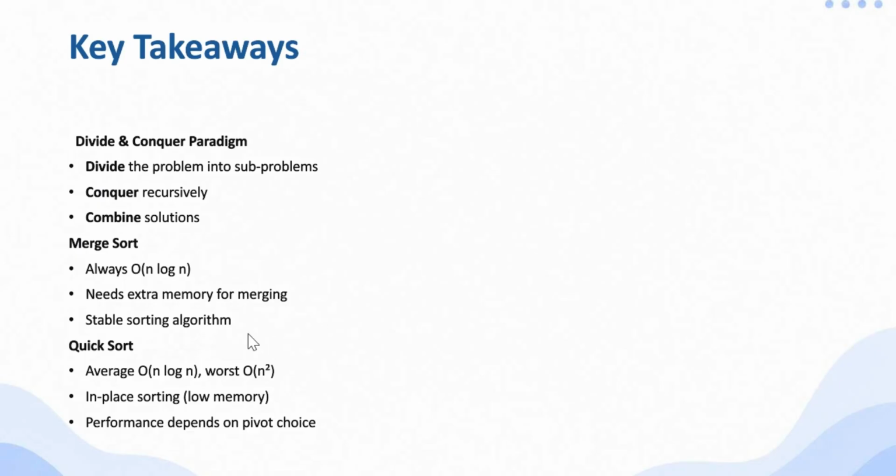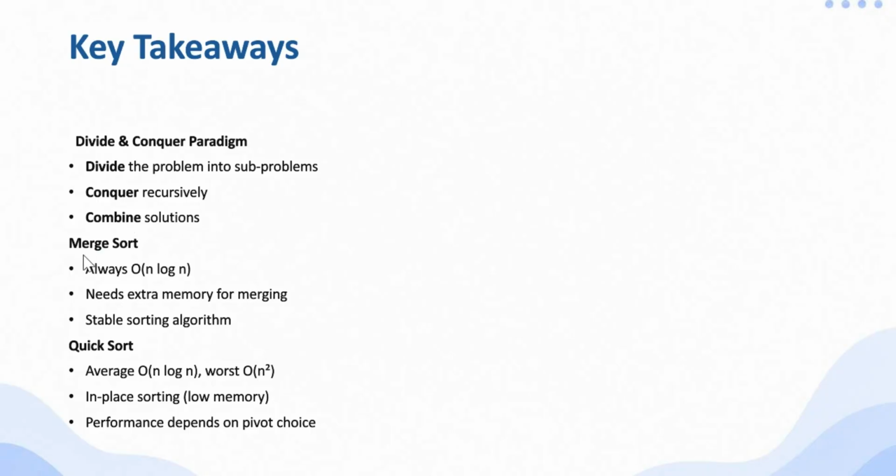So to conclude the lesson, let's review the key takeaways. First, both merge sort and quick sort are based on the divide and conquer paradigm, and these solve large problems by dividing them into smaller subproblems, solving them recursively, and then combining to produce the final sorted array.